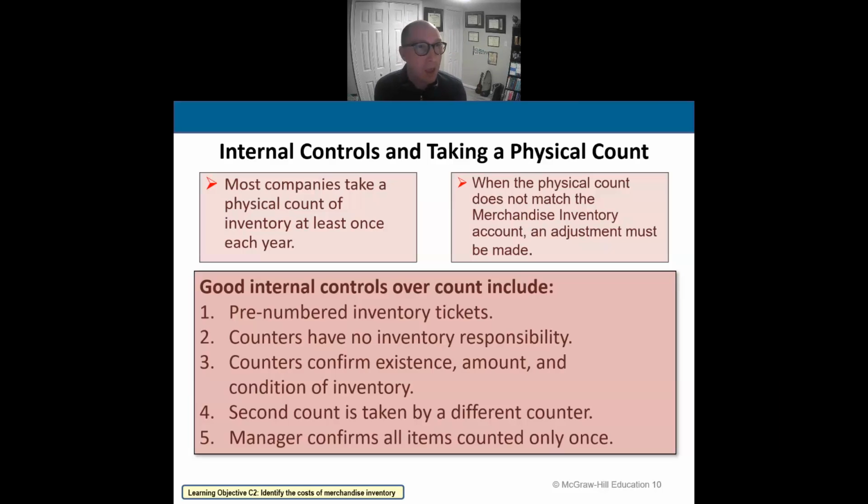So I need to control my inventory. We need to control inventory for a couple of different reasons. Number one, make sure it doesn't get stolen. Number two, make sure that it's safe, it's secure. Number three, there's a cost associated with everything, and I need to track those costs.